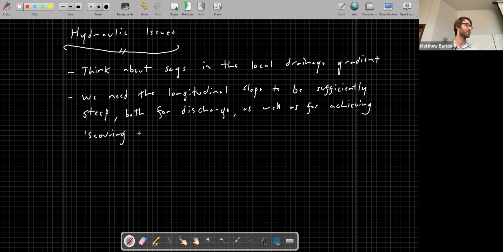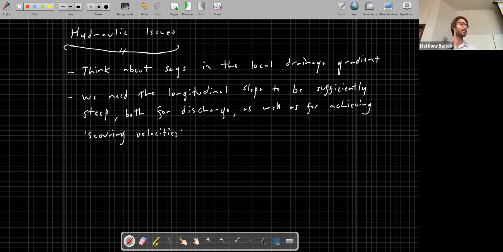Does anyone know what this is? Stop stuff from being stuck. Yeah, so this is to prevent accumulation of debris in the gutter. You want your water flowing fast enough that it picks up that debris and moves it. You don't want too much debris accumulating.